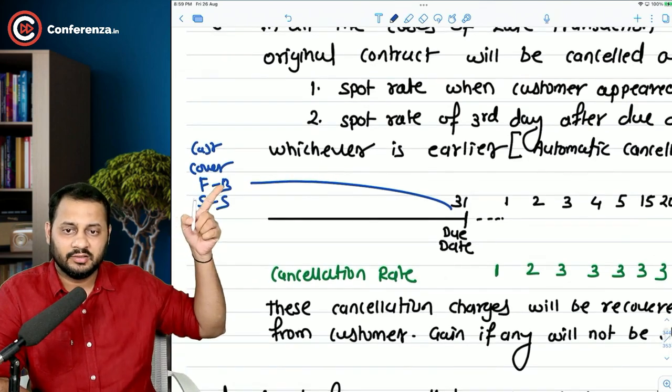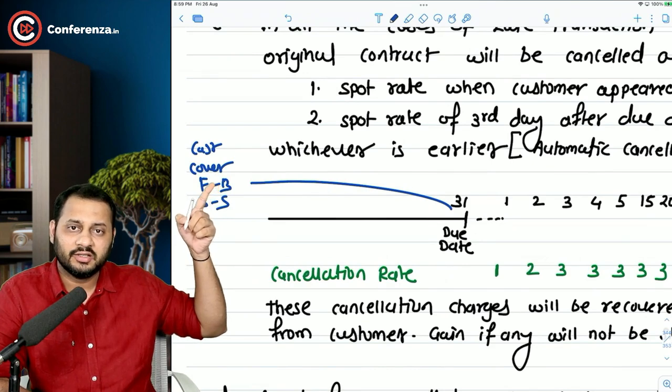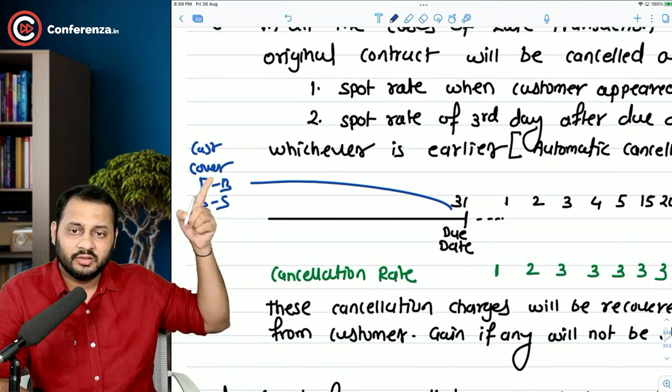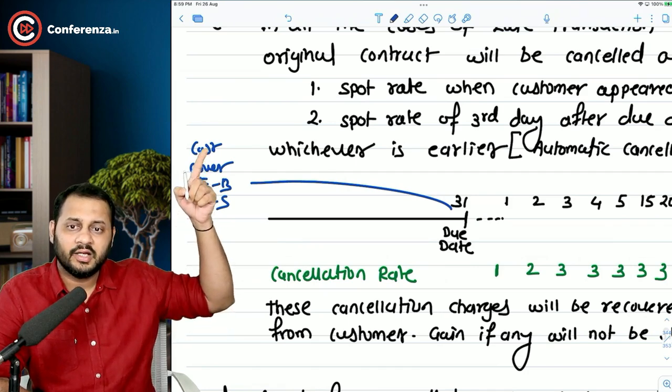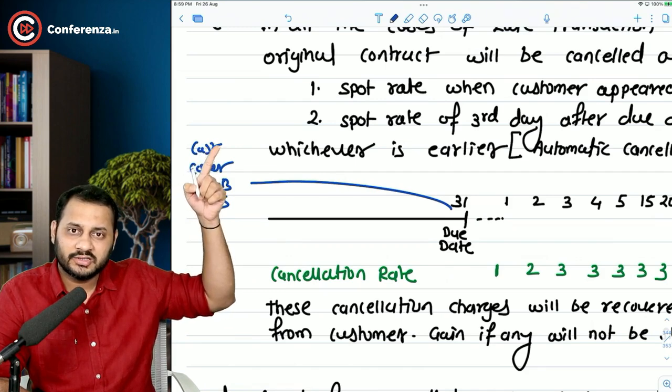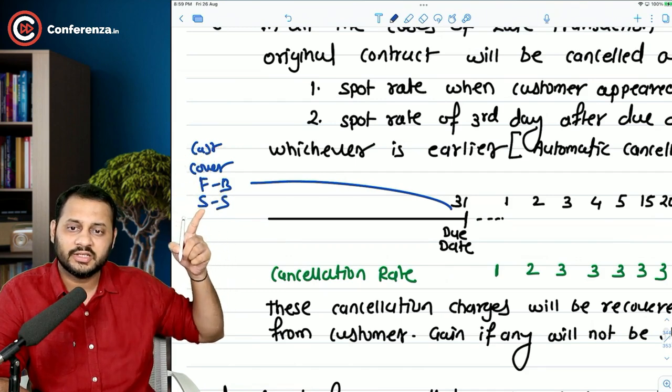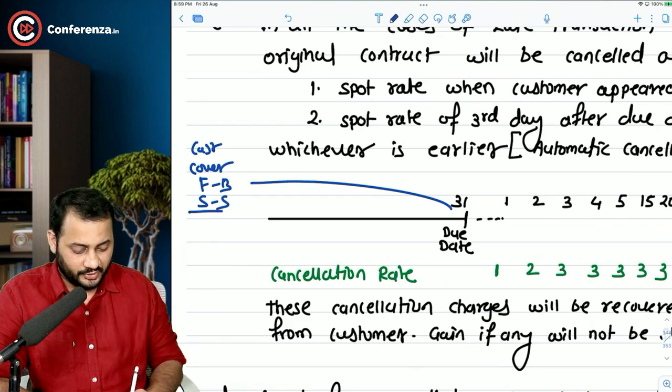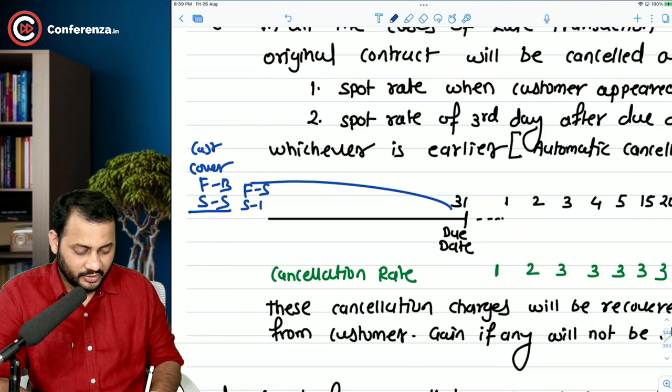The customer has not appeared today, otherwise we would have bought it in the cover market, the interbank market, and then sold it to the customer. But if the customer is not appearing, we will have to sell it at spot. But if the bank has a forward sell contract, the bank will take a spot buy contract.